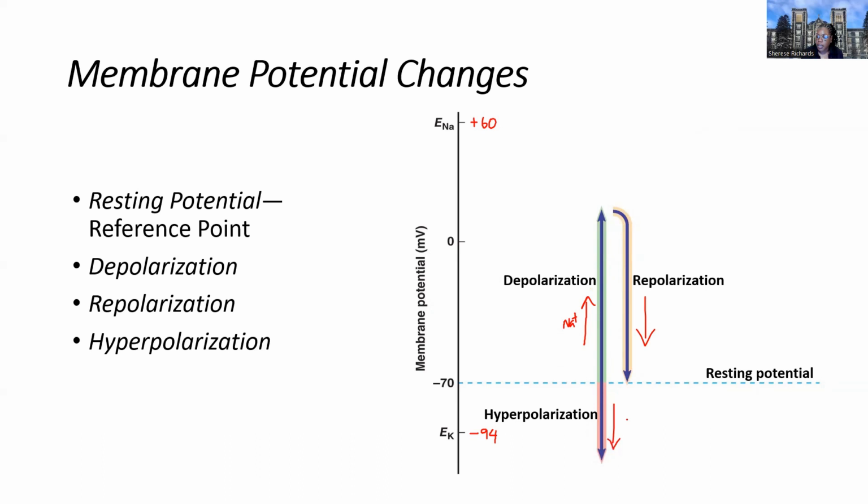So this is also going to be potassium's movement. Okay, so whenever we have a depolarization, sodium is responsible for that. Sodium's movement into the cell is what results in that positive membrane potential change. And then whenever we have a hyperpolarization or a repolarization, potassium's movement out of the cell is responsible for that membrane potential change.